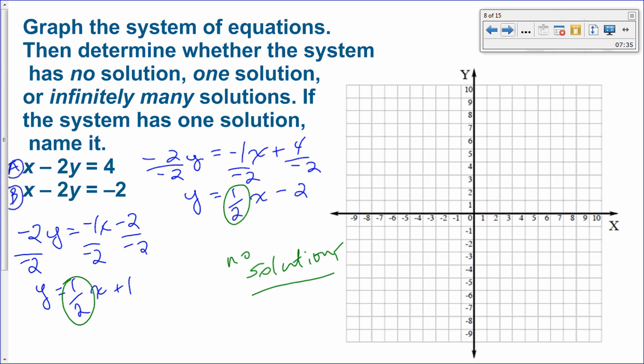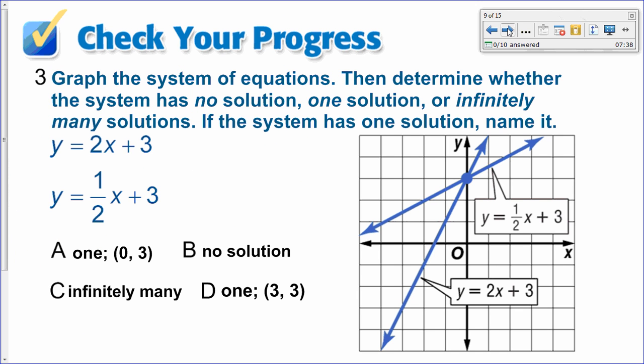Everybody kind of... Is it? Answer that one.